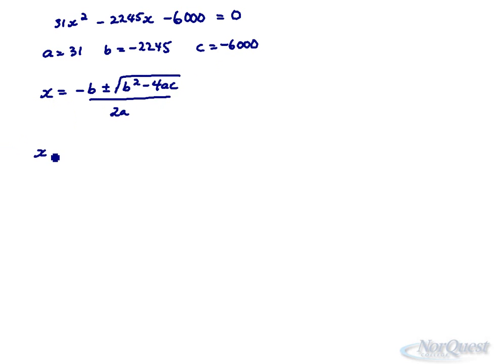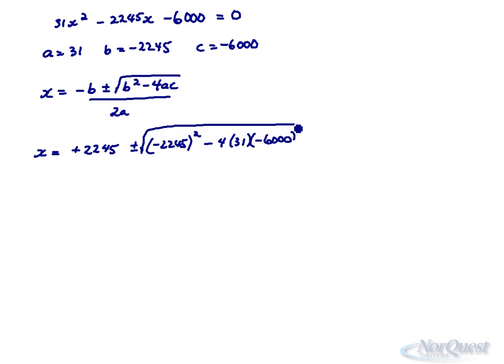Substitute everything in. Minus a negative 2245 should give us a positive 2245, plus or minus the square root of negative 2245 squared minus 4 times 31 times negative 6,000. It's an ugly one, which just means we're going to use our calculator, over 2 times 31.